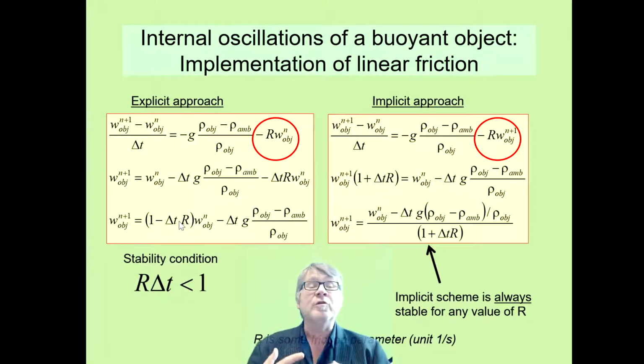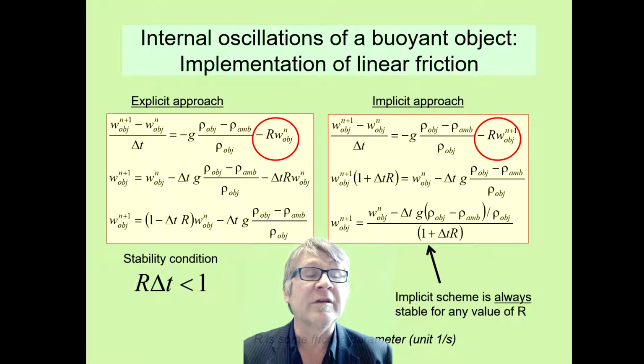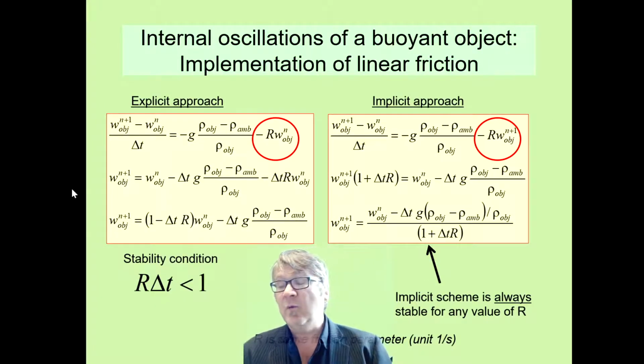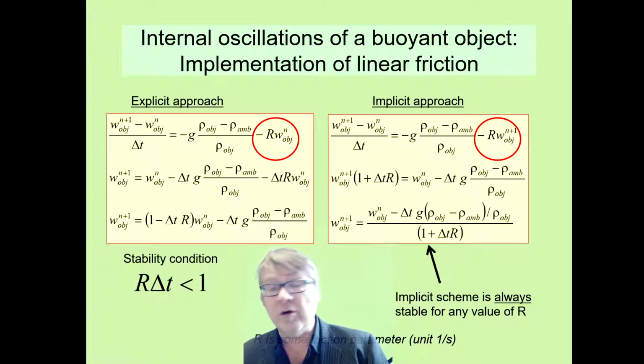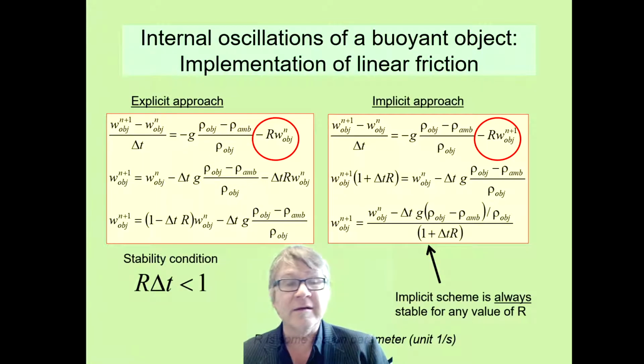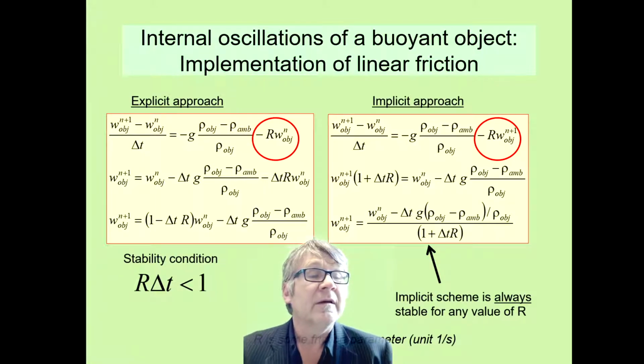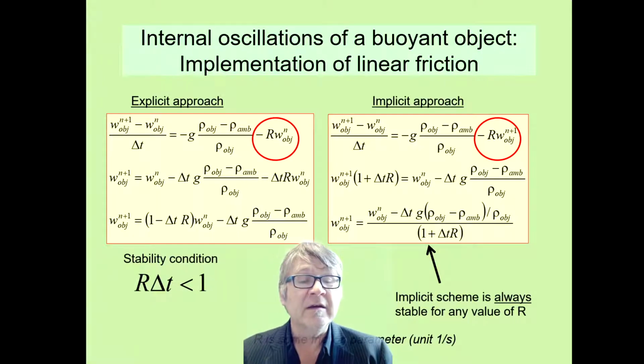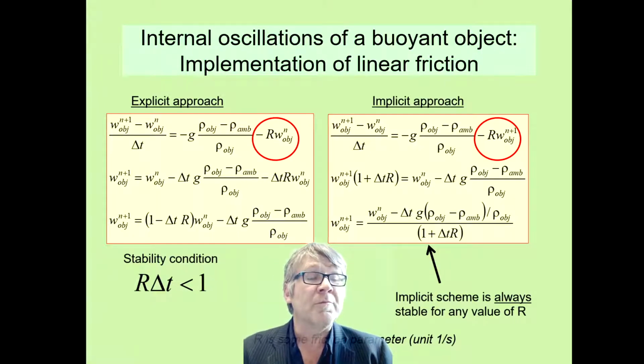To overcome that problem, you could use an implicit approach, shown here on the top right, where instead of using n, you use the next time step n plus 1, and you again reformulate the equation so that everything you don't know, your predictor, is on the left-hand side.